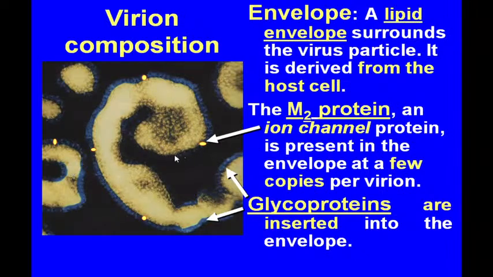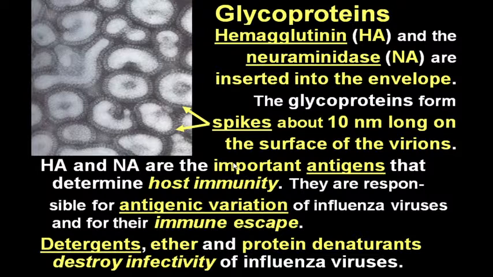So, composition of the virus. This is a lipid bilayer with the glycoproteins. This is M2 protein somewhere here that makes the ion channel when the virus will be released from the endosome in the cell. And the blue are glycoproteins. So, glycoproteins form spikes about 10 nanometers in length, and they are really very important.